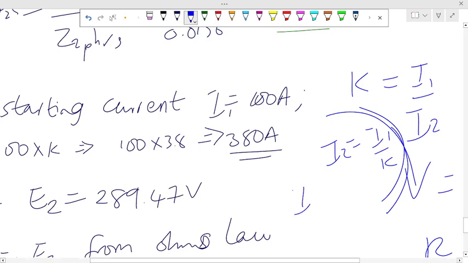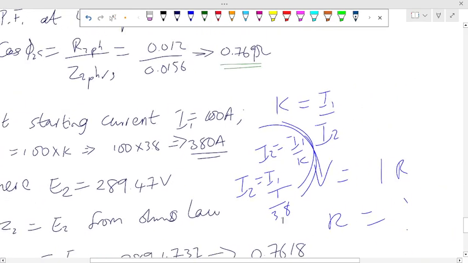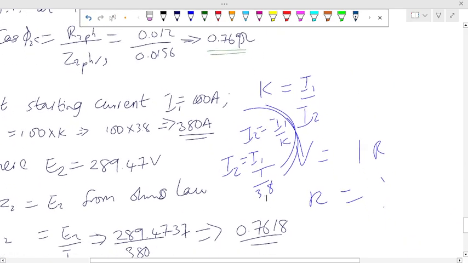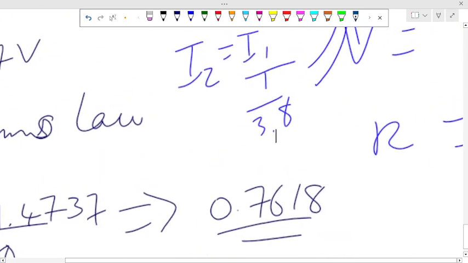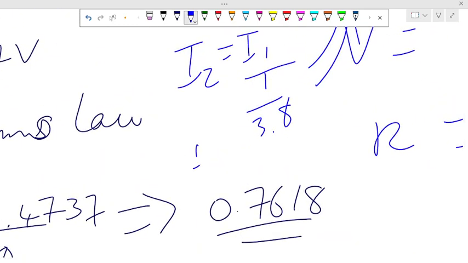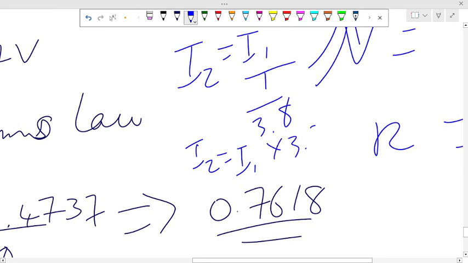So I2 is I1 over K. But K now is 1 over 3.8. We got that when we were taking our data. K is 1 over 3.8. That means, of course, we'll do this: I2 equals I1 times 3.8, when you take this up.